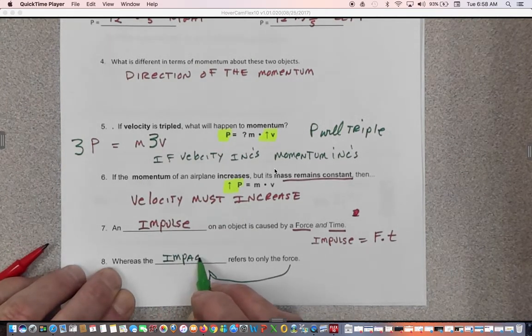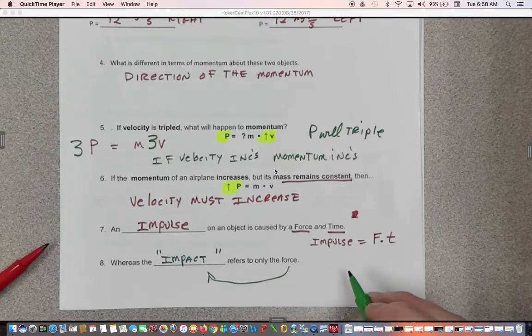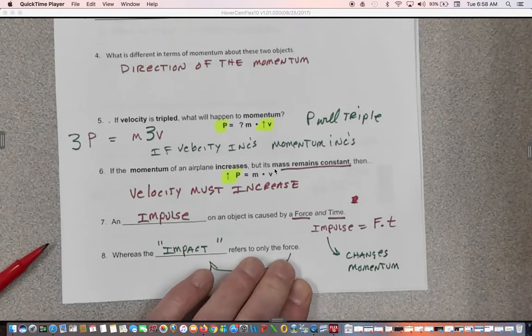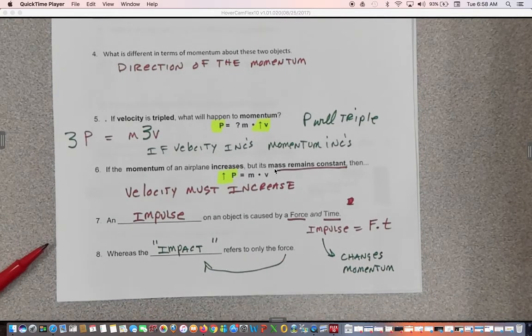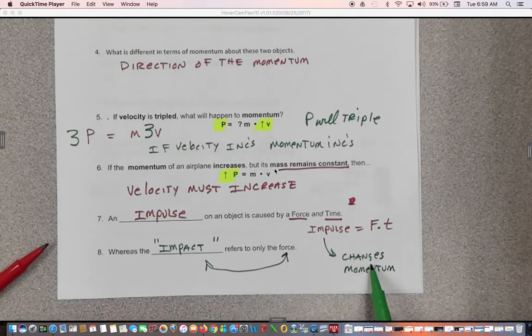You'll see that on the quiz. Impact means force. Please draw that arrow and remember that. An impulse is what changes momentum. An impulse is force times time. A force by itself is called an impact. A force is another word for impact, or impact's another word for force. They're interchangeable. And this is what causes a change in momentum, an impulse.